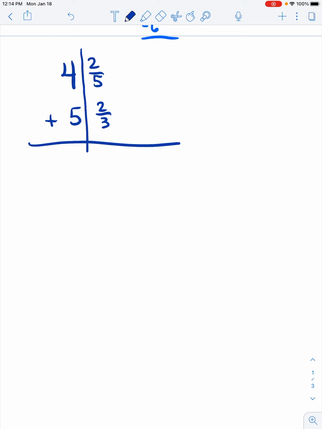So, dividing this, I know that 4 plus 5 is 9. And let me set up. Okay, so 5, 10, 15, 3, 6, 9, 12, 15. So 15 is going to be my least common denominator.